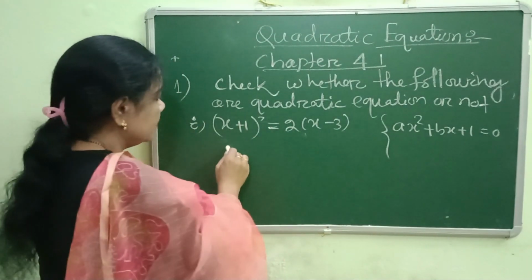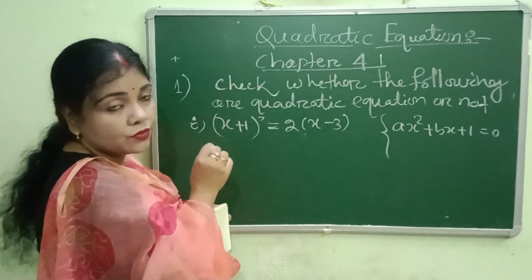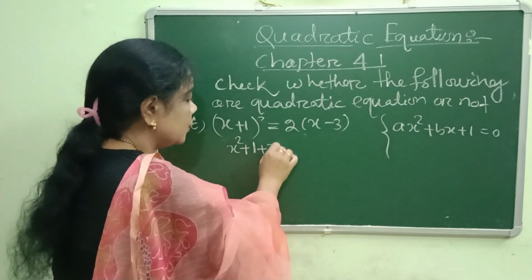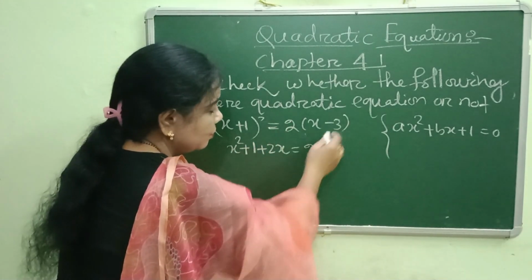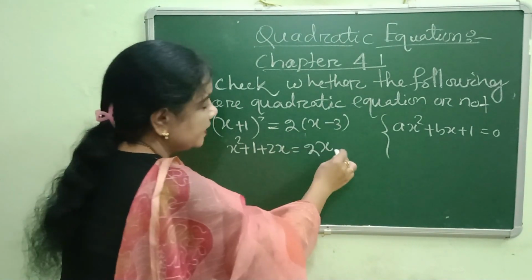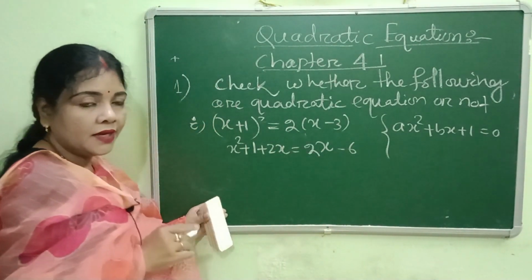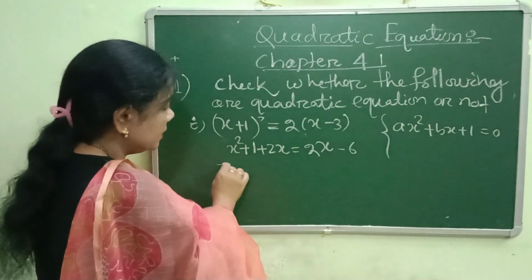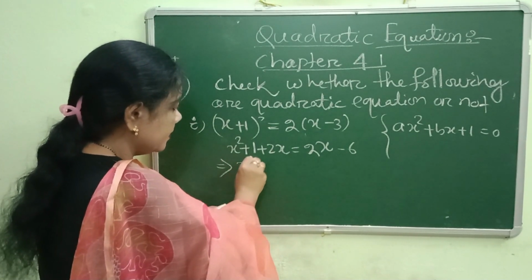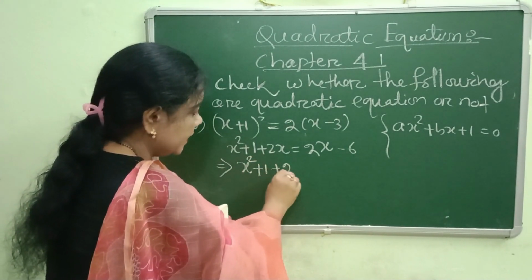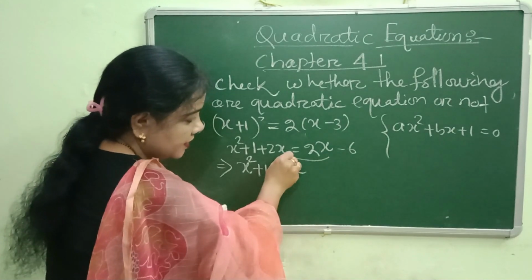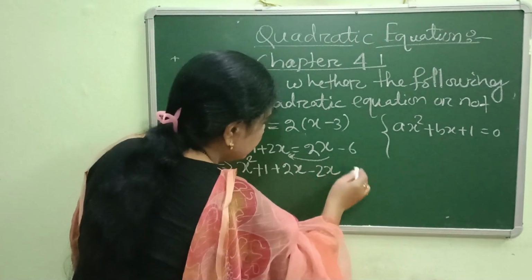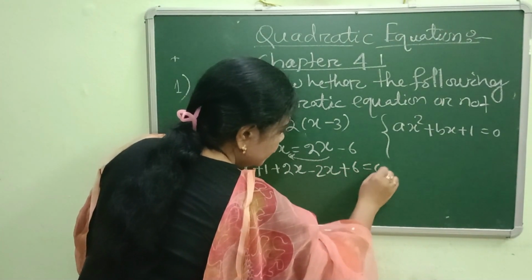So how to do this? Now (x plus 1) whole square, using (a plus b) whole square, is x square plus 1 plus 2x, equal to, multiplying 2 with (x minus 3), 2x minus 6. Now let us bring all the terms from the right side to the left side and make it equal to 0. This implies x square plus 1 plus 2x minus 2x plus 6 equal to 0.